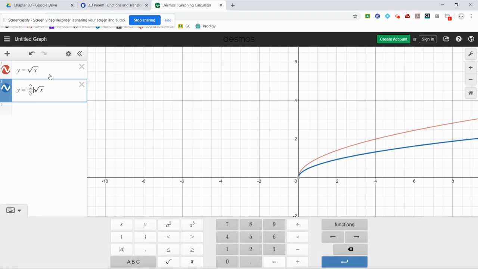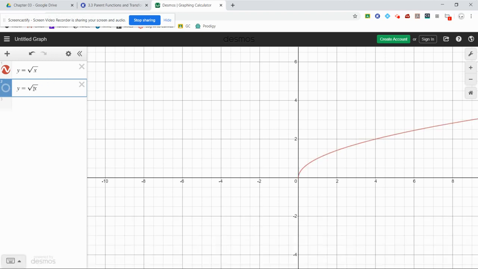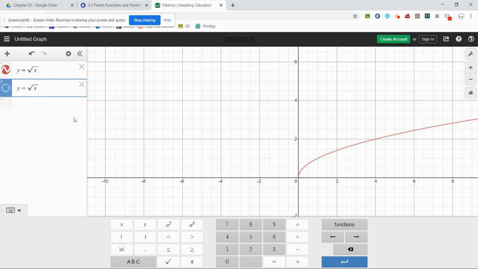Now let's travel on the inside of the function. Let's multiply the x. What happens when you multiply your x by a number like 5? You would think it would stretch it, but it doesn't. It actually does backwards, the same thing the pluses and minuses did. If you multiply by 5, it's not going to stretch it horizontally by 5.